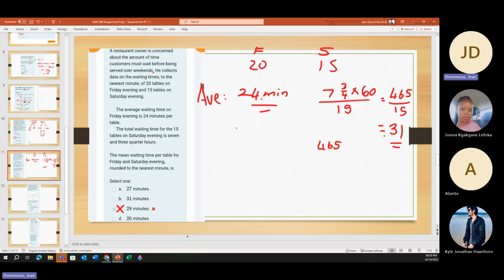Yeah, it was 20 times 24. So this should be your average of the 2 tables, which is 27. Is option A the correct answer?